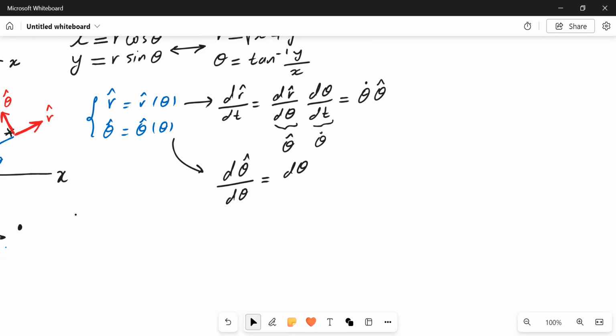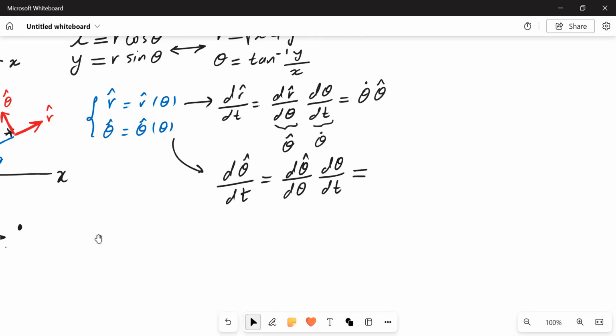Let's find out how theta hat changes with time. I would have to first find out how theta hat changes with theta, and then multiply it by the changes of theta with respect to time, according to the chain rule.